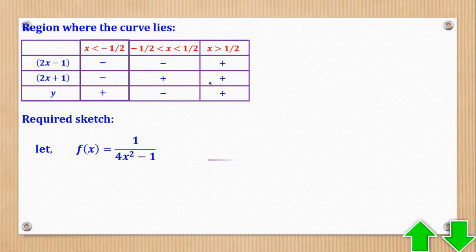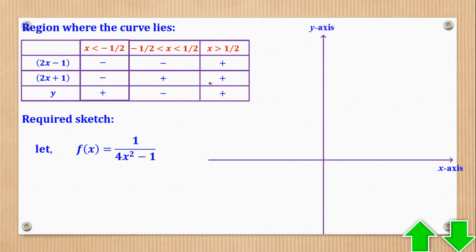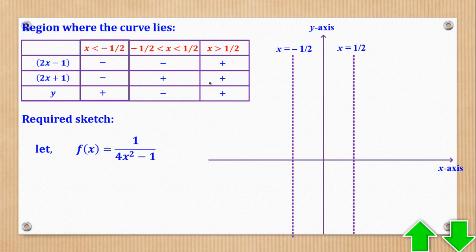Then required sketch now. Let f(x) be that. Now we draw the axes, label them. Our interest is to put only the necessary points. So let's put the asymptotes: x equal to negative a half and also x equal to positive a half. Y equal to 0 is the x-axis, so we don't need to do it there.